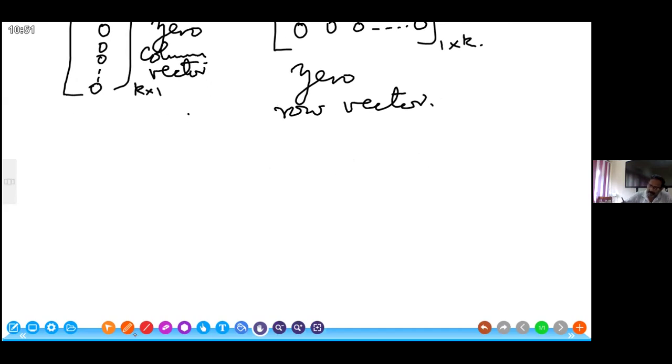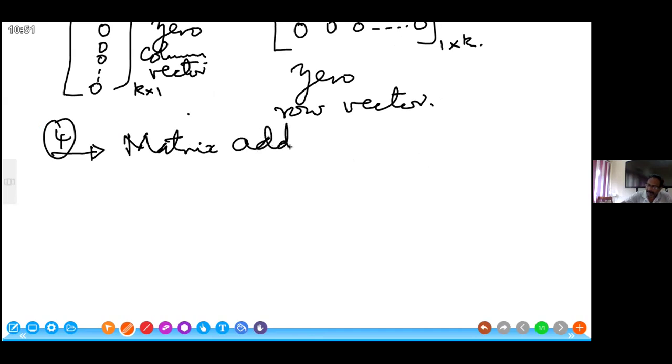Right. Next, we will look at matrix addition. First, we will define what matrix addition is, then we will do an example.